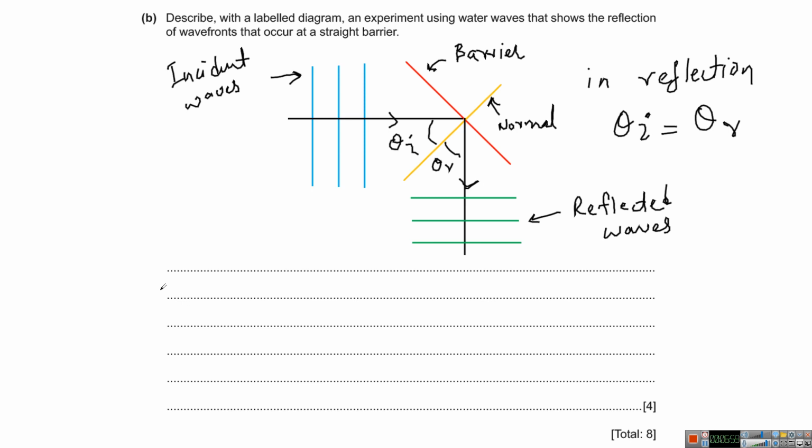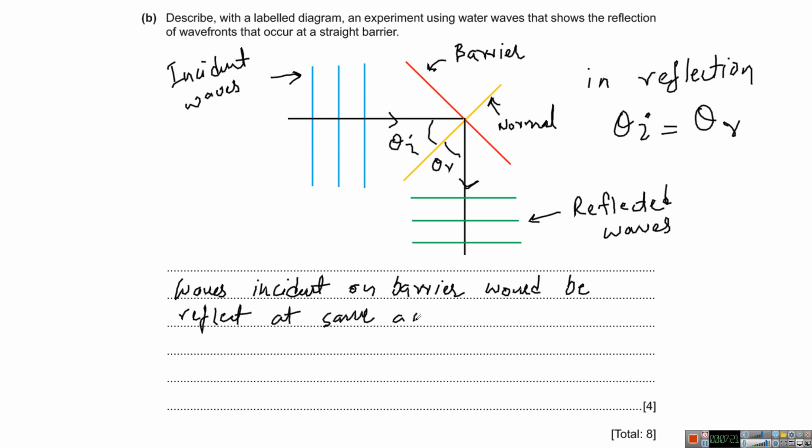We can simply describe this as waves incident on barrier would be reflected at same angle to normal of barrier as of its incident angle, right? So this makes it very easy.